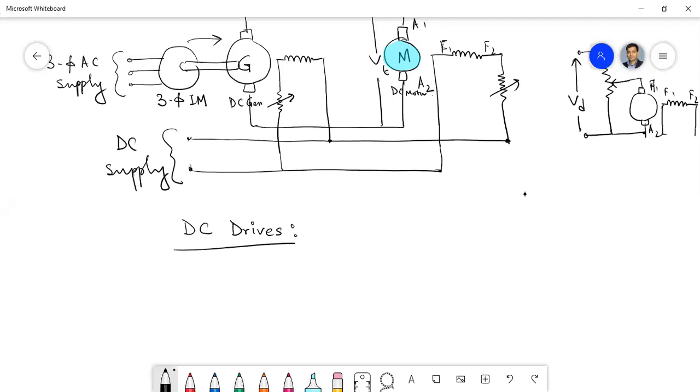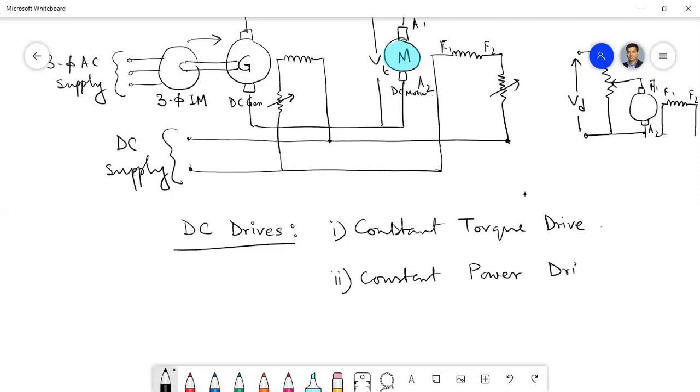One is called the constant torque drive, and another is called the constant power drive.